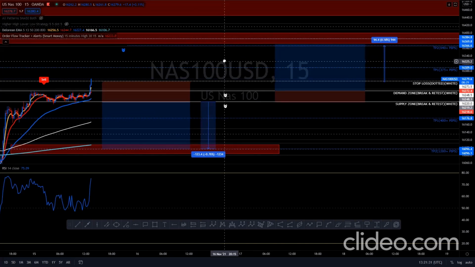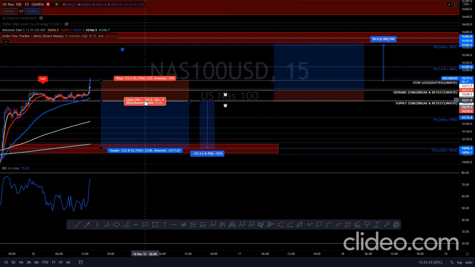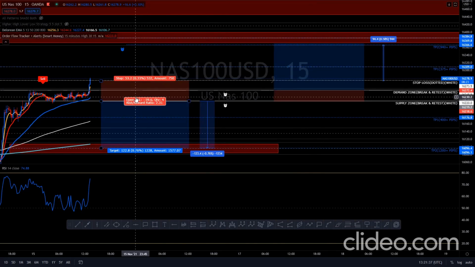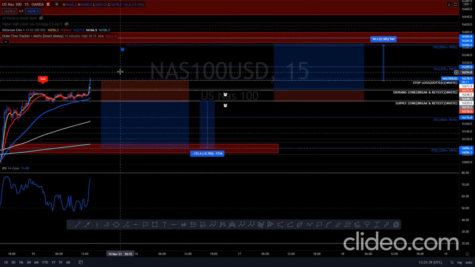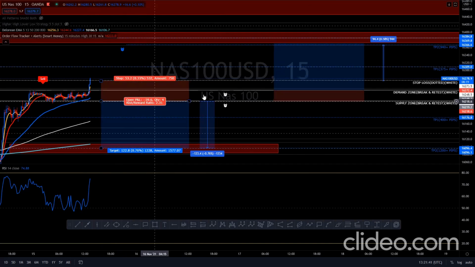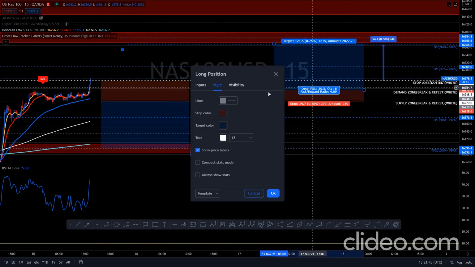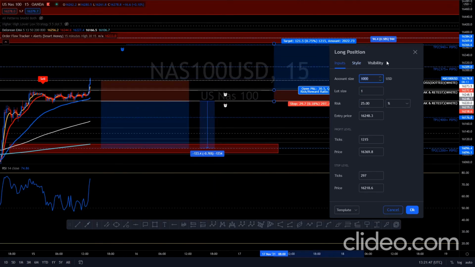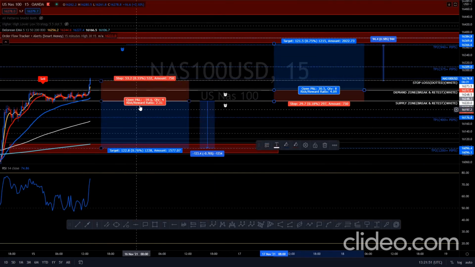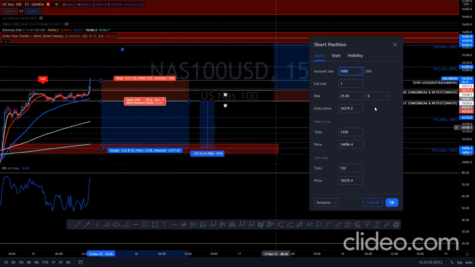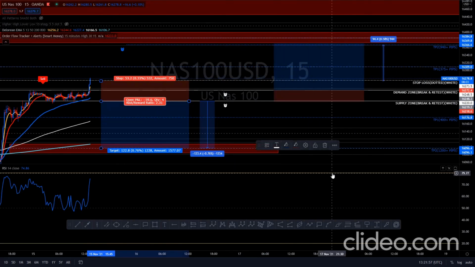So what I'm going to do now at this point is basically pause this recording and wait for the 9:30 bell. Then when it's clear on exactly where price is going to go, the price is going to buy up, then I can click here, paste in my stop loss and take profit, and then hit the buy button, and then vice versa. If price decides to sell, then I have a stop loss and take profit ready to execute the trade.